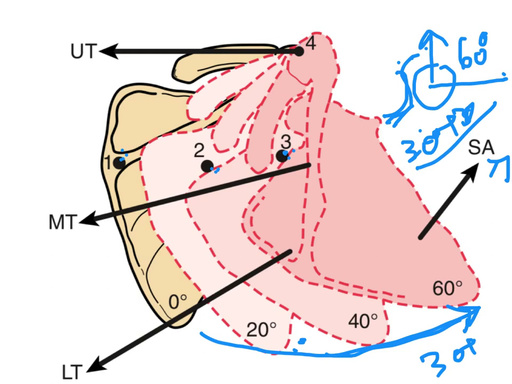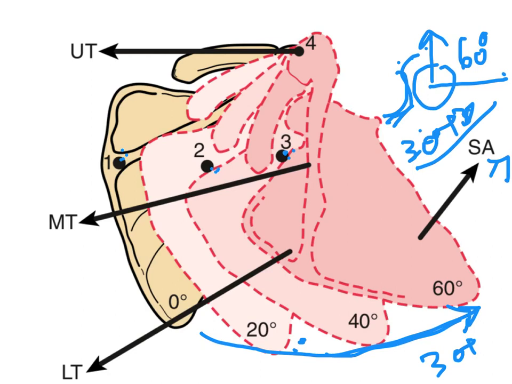Okay, so the sequence of events that are part of the scapulohumeral rhythm occur regardless of the plane in which the arm is elevated. So in any plane, this rhythm is going to follow, whether it may be flexion or abduction.